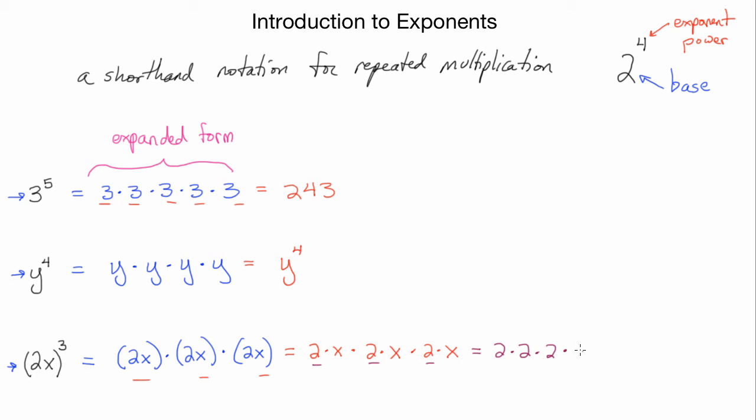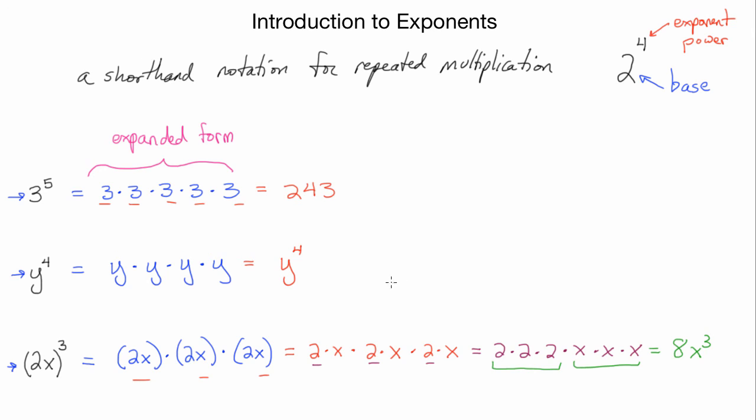But there's also multiplied by 3 x's. And here's where it gets really fun. 2 times 2 times 2, all that just multiplies to equal 8. And the 3 x's, well, 3 x's is the same as x to the third power.